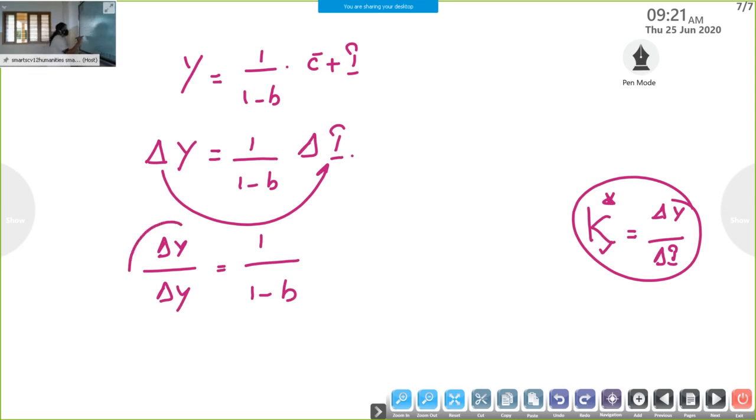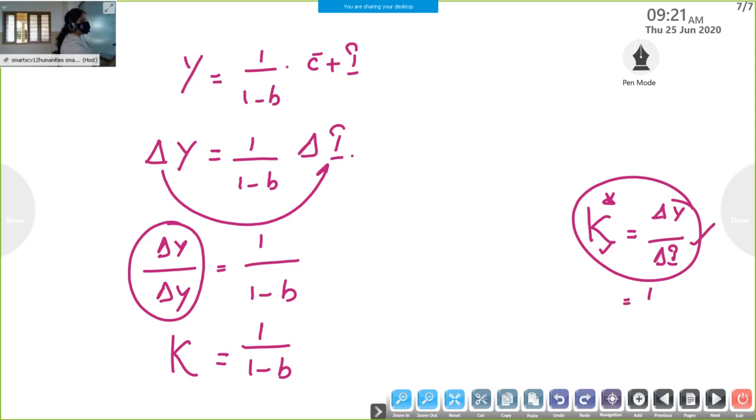Delta y by delta I is k. So 1 by 1 minus b is the investment multiplier. Either we can use this formula or we can use k is equal to 1 by 1 minus b.